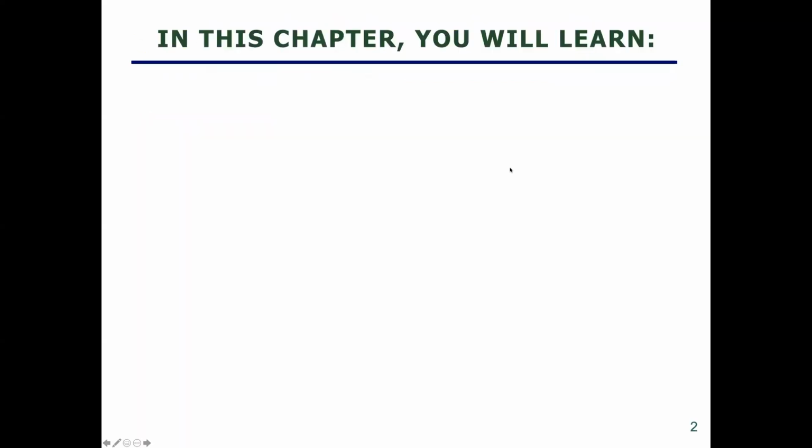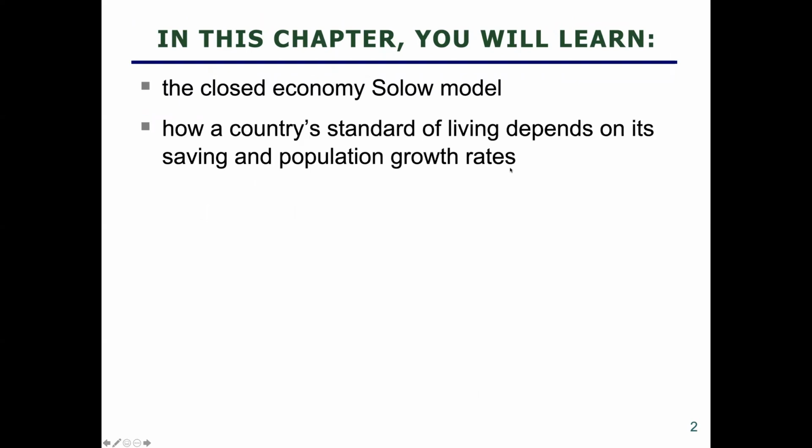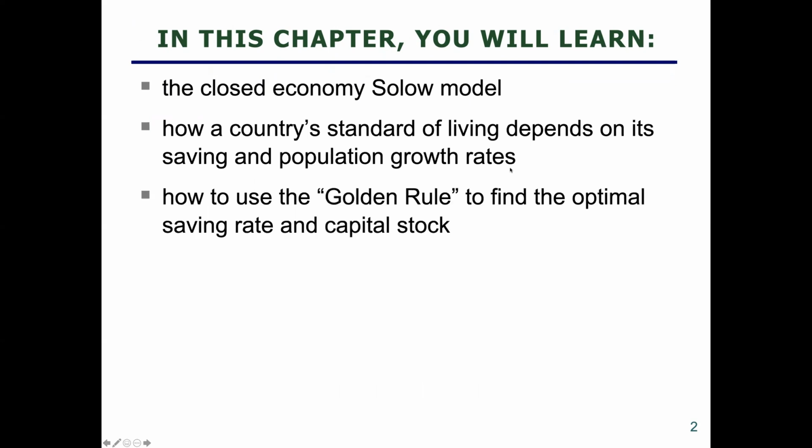So let's now turn to chapter 8 and some of the other things we'll talk about. In chapter 8, you learn about the closed economy Solow model, how a country's standard of living depends on its saving and population growth rates, how to use the golden rule to find the optimal saving rate and capital stock.